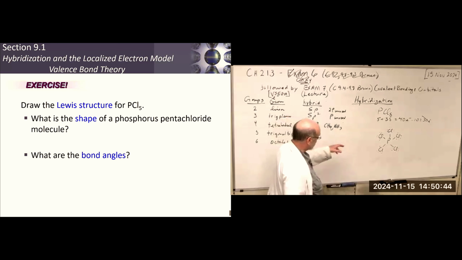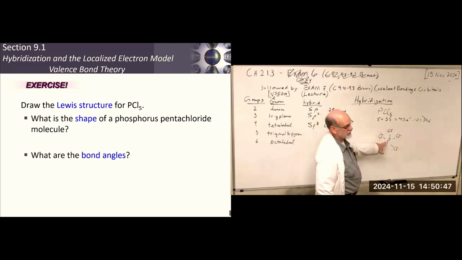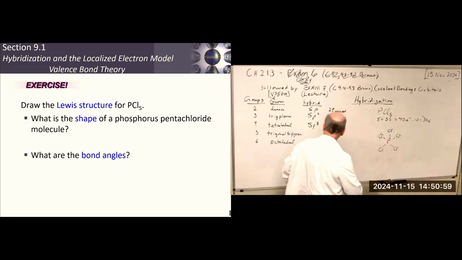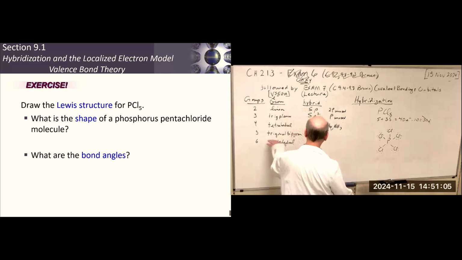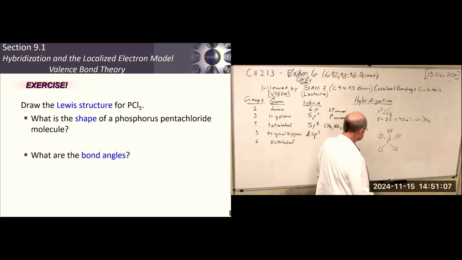And notice phosphorus is in the 3rd period. The 3rd period is where you introduce D orbitals, right? In the 2nd period, you can only get S's and P's. In the 3rd, you can get S, P's, and D's. So we're going to take one D orbital, the S, and all 3 P's to give us a trigonal bipyramid.